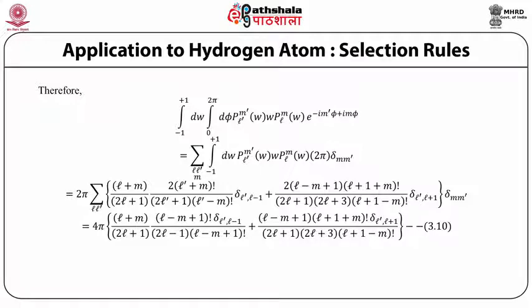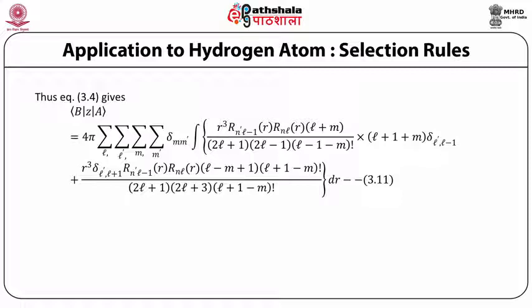And of course we have the delta of m' coming from the φ integral. This becomes 4π times the two terms: (l+m)(l-m+1)! delta l', l-1 over (2l+1)(2l-1), and the term with (l+1+m) delta l', l+1 over (2l+1)(2l+3)(l+1-m)!.